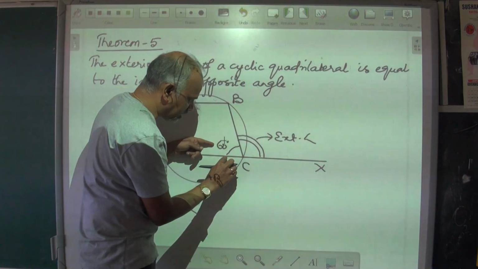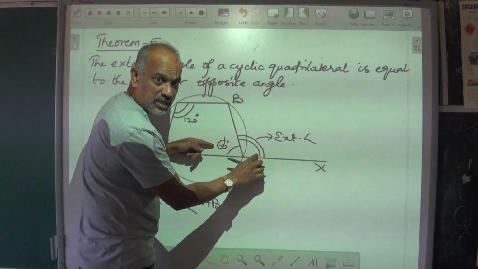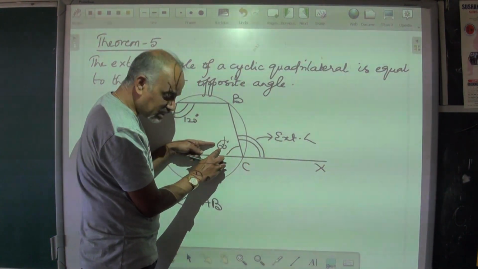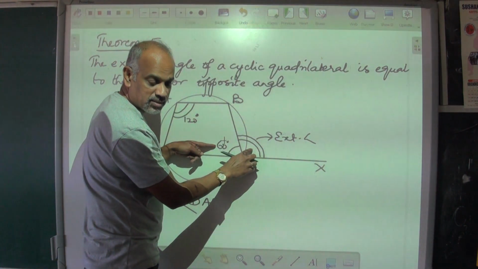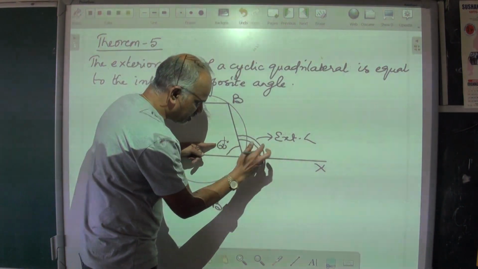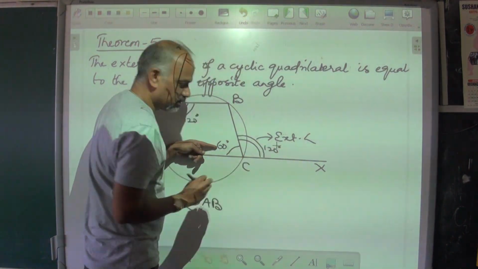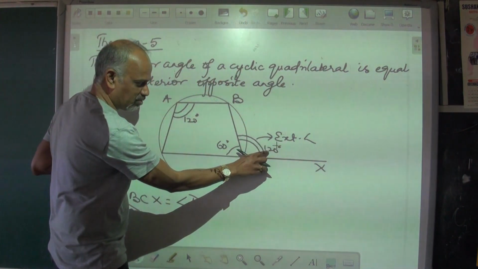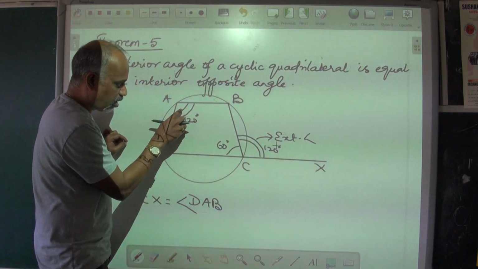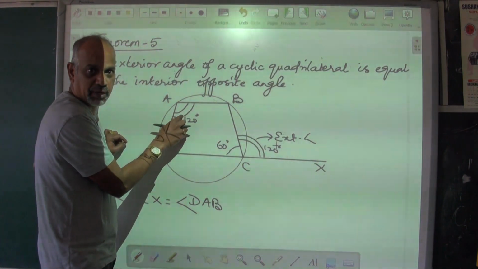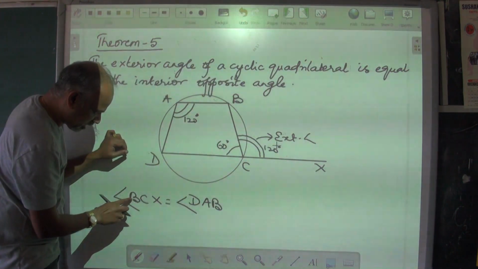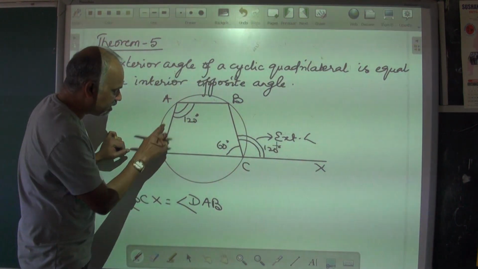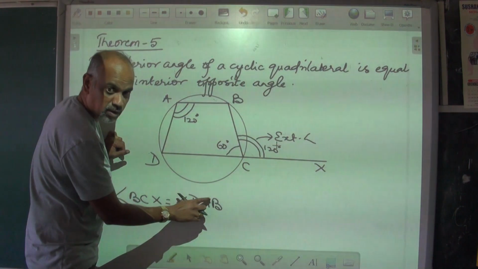If this is a straight line, the sum of angles here is 180. So this is 60 and this added together is 180. From 180 take away the 60, you will get 120 here. Now check and see. The exterior angle, which is 120, is equal to the opposite interior angle, which is also 120. So angle BCX, which is the exterior angle, is equal to angle DAB, which is the interior opposite angle.